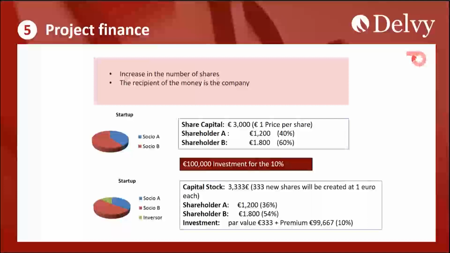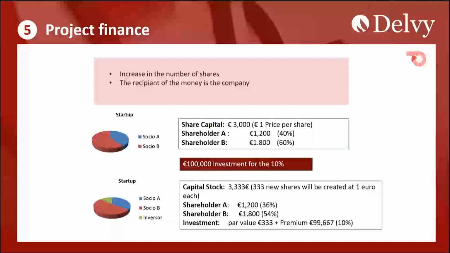As we said before, in this case the pre-money valuation of the company is 900,000, and the post-money valuation of the company is 1 million, right? Because 100,000 is 10% of 1 million. So in this case, the founder that has 40% has contributed 1,200 euros, acquiring 1,200 shares of €1 each.